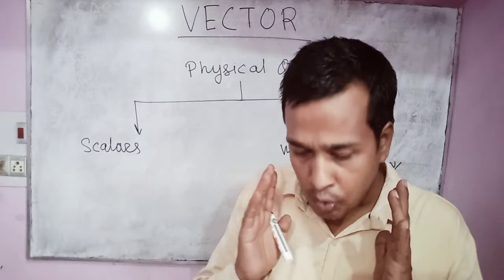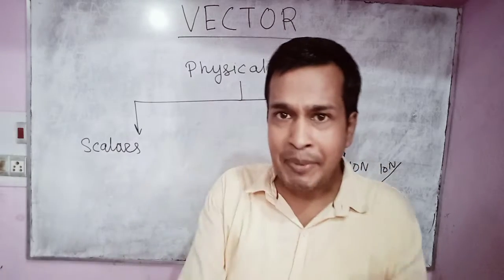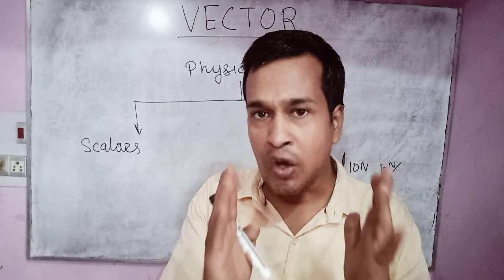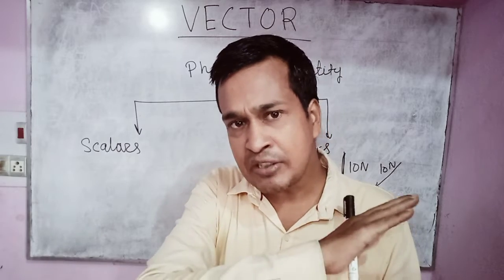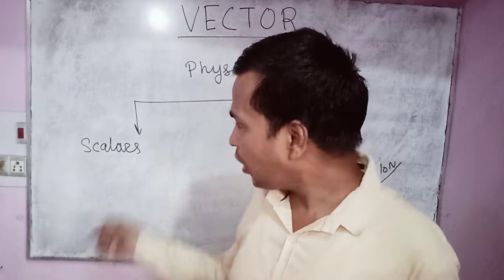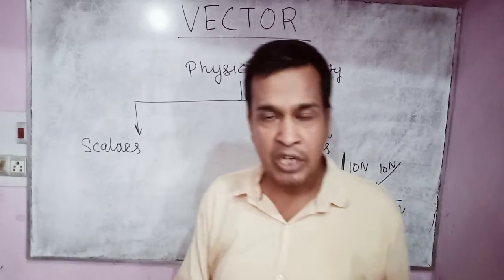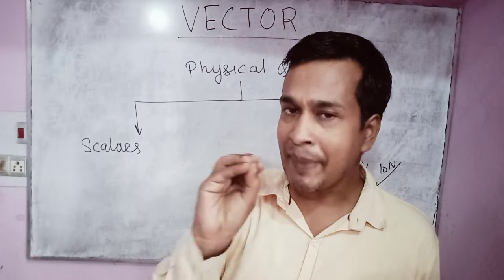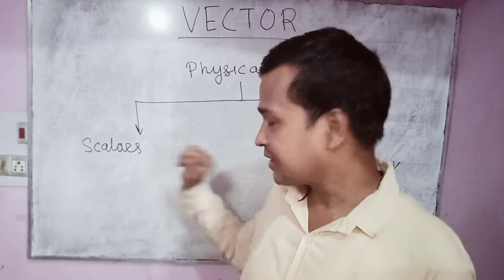So to describe mass, we have to discuss only its magnitude. Direction is not needed at all. So all these types of physical quantities, to describe which only their magnitude is needed, are called scalars.